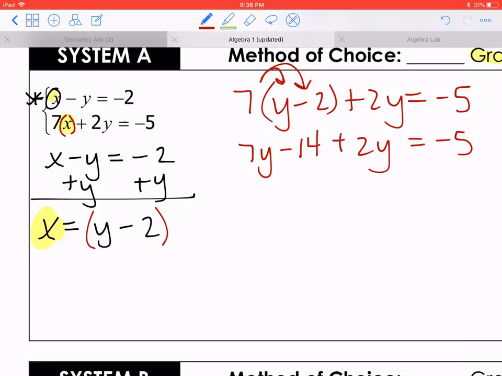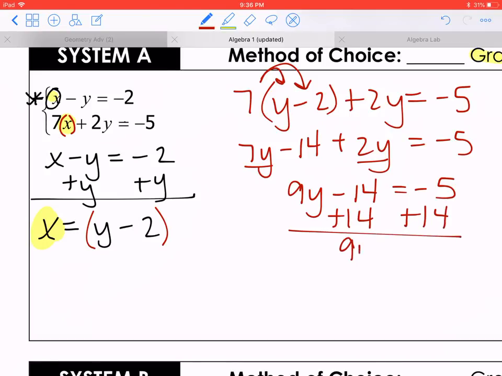Combine your like terms, and you end up with 7y plus 2y, so 9y minus 14 equals negative 5. Add your 14 over. So 9y equals 9. And then divide by 9. So y equals 1. Okay?